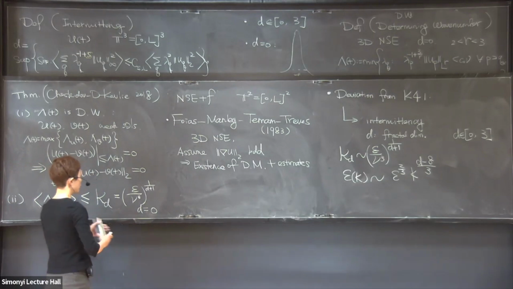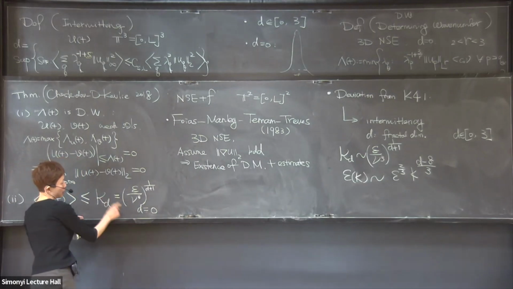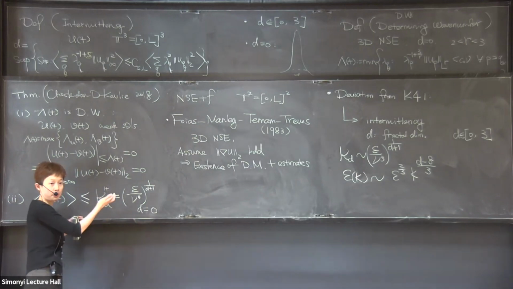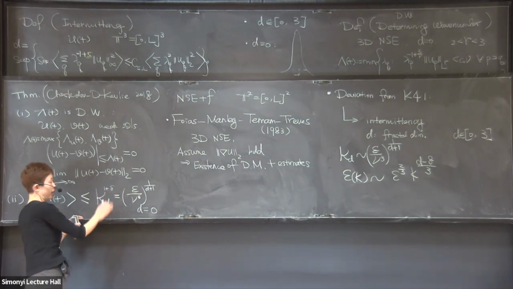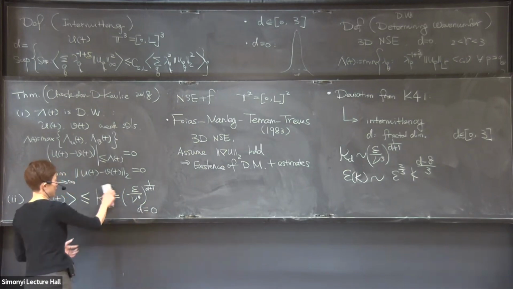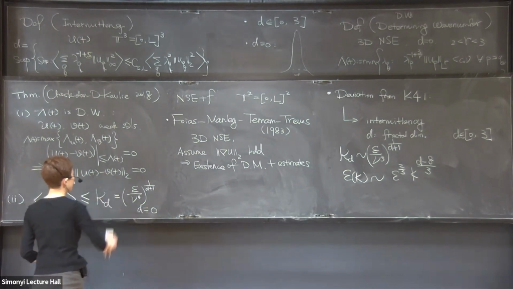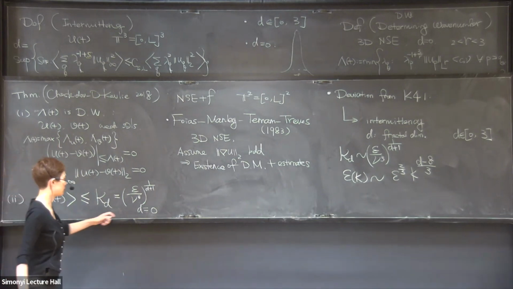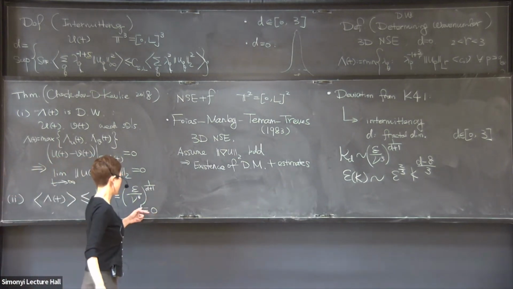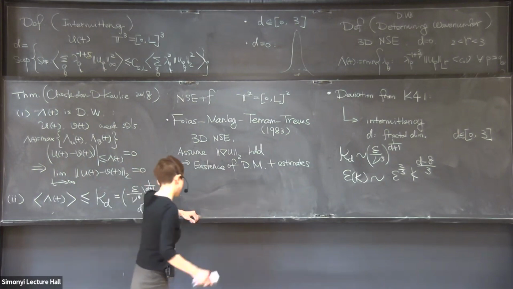We have bounds for all of the other intermittency range, but they are not optimal, with a power larger than 1. But in this extreme case, it's optimal. So this justifies the Kolmogorov prediction, but in the case of extreme intermittency dimension.